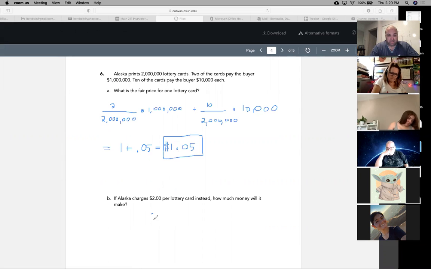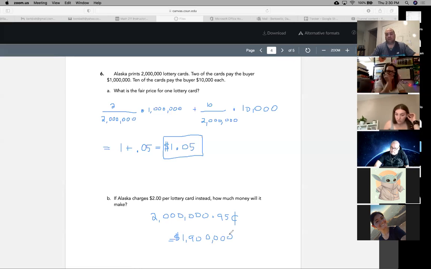So the answer is nothing more than 2 million times 95 cents, which is a total of $1,900,000. The profit is 95 cents per card, 2 million cards. That comes out to $1,900,000.